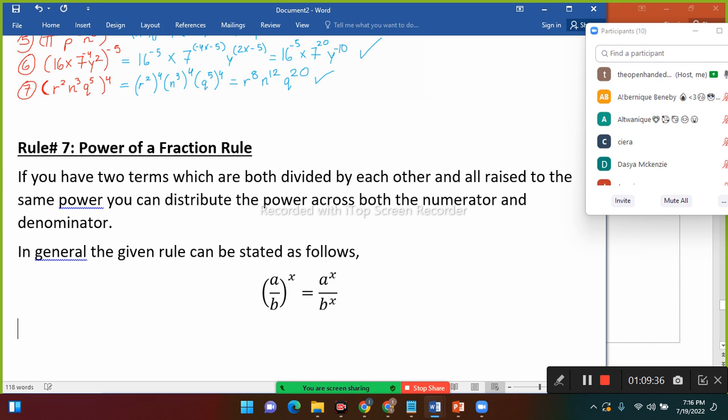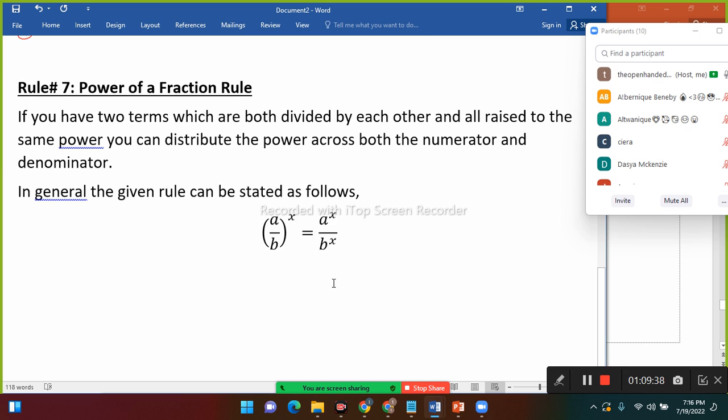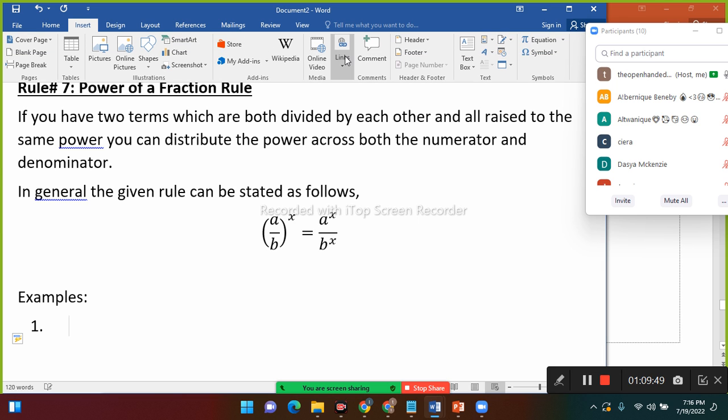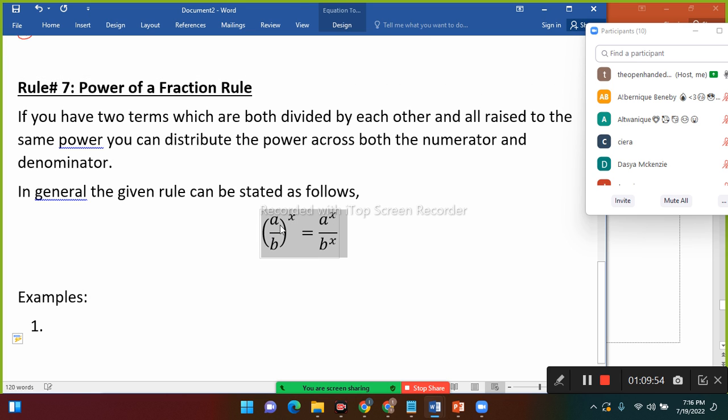Alright, so let's try some examples. For this example, I want Albany to help me.